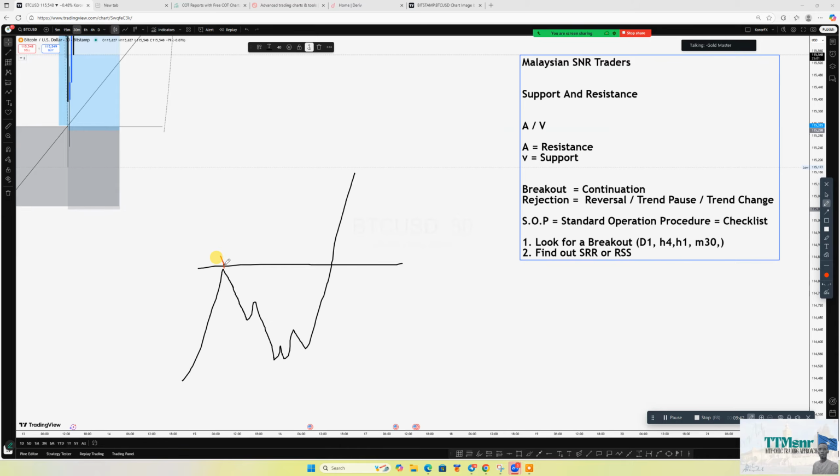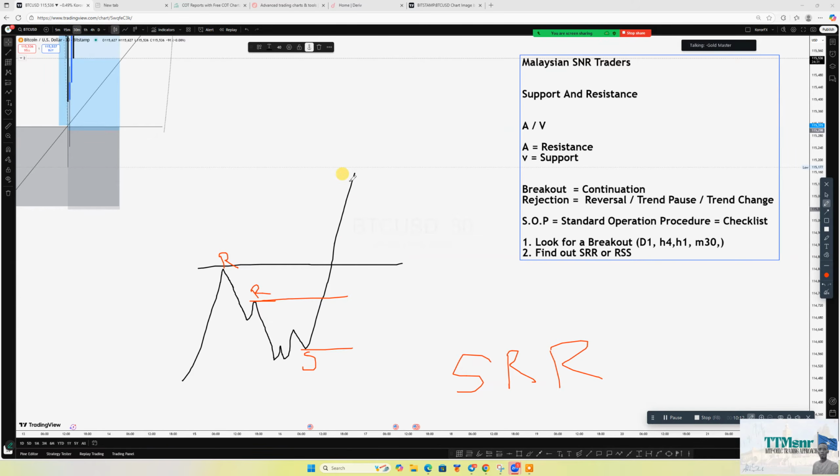Here it will become resistance, and here another resistance, and here it will become a support. So this support pushes the market up, firstly breaking this resistance and then breaking another resistance.